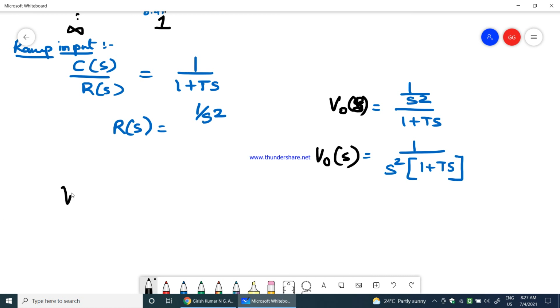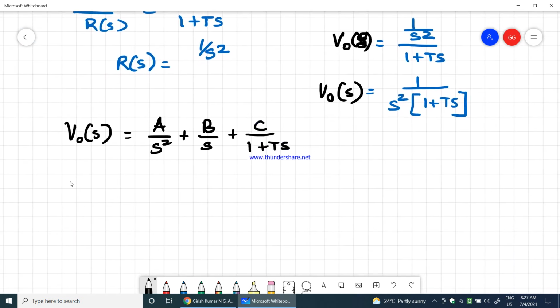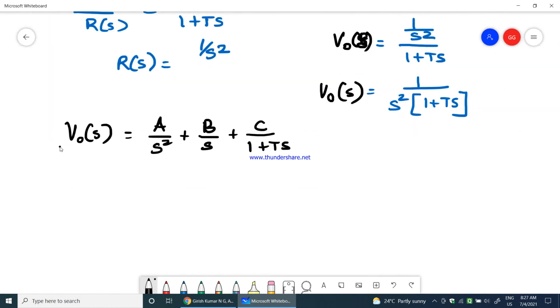Now again partial fraction, V out of s equals a by s square plus b by s plus c divided by 1 plus Ts. So this is V out of s equals this partial fraction.